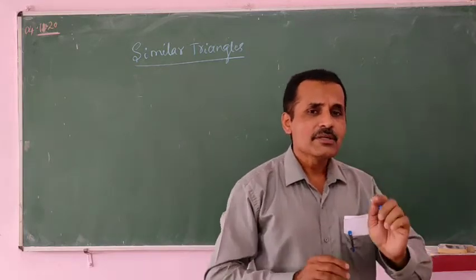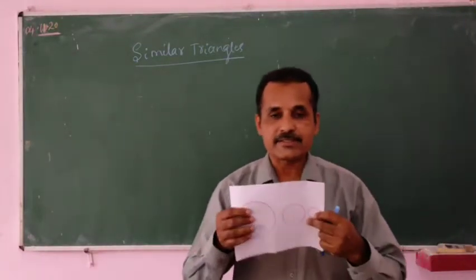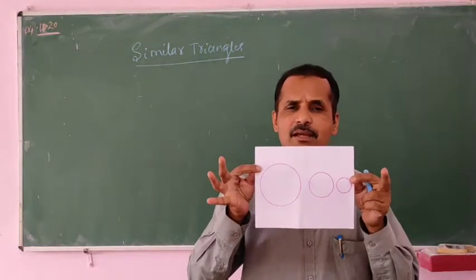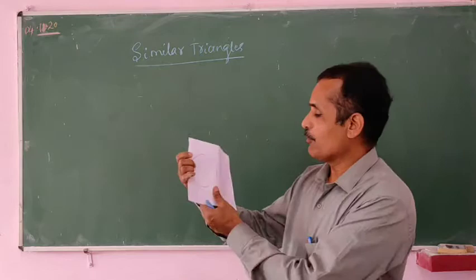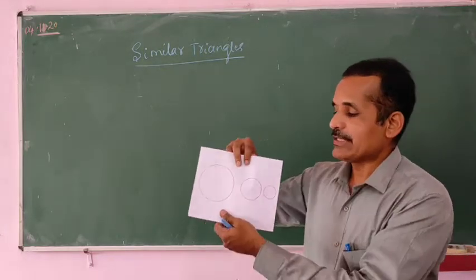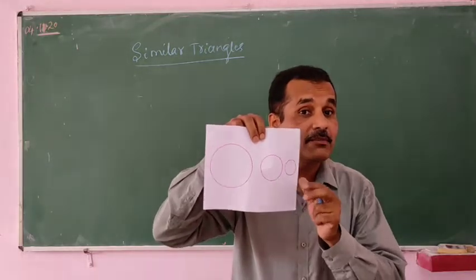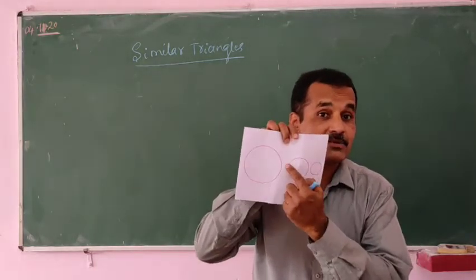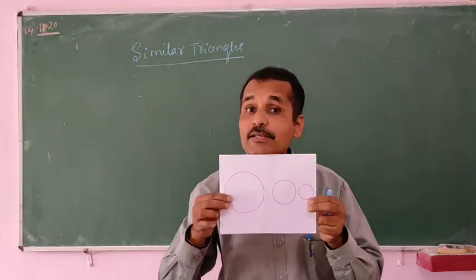I will show you some pictures. Look at this. Can you call them congruent? Definitely not, because these are 3 circles. They are not identical. Their radius is not the same. Had their radius been the same, you would have called them congruent circles.